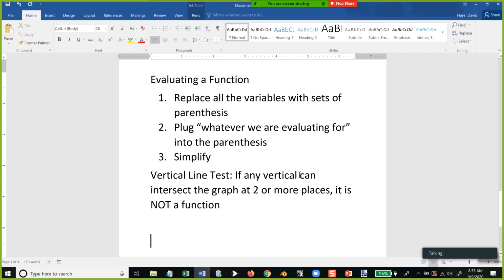Any vertical line that can intersect the graph at two or more places, not a function. This method works out best if you have the graph given to you. If you're trying to put it into a TI-83 or TI-84, if it's not a function, you can't put it into the calculator, so it kind of defeats the idea behind this.